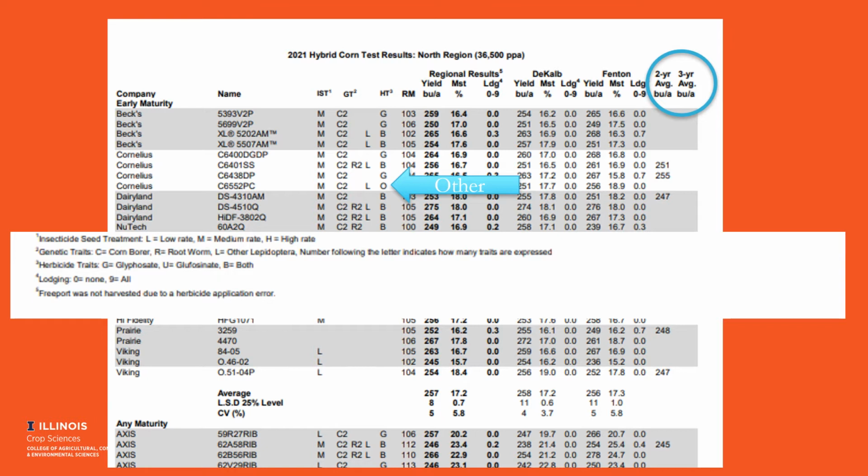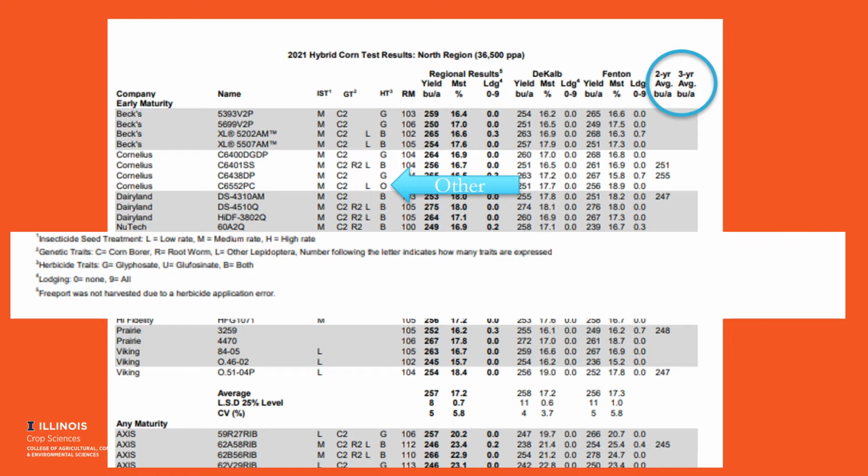Just always go back to the company labels and websites and product guides to understand what the tolerances are. And again, some of the programs and companies only enter one version of a hybrid, so they might have a Smart Stax and a Double Pro, but they only put one of those into our trials. So obviously look at that information depending on what you're looking to plant.